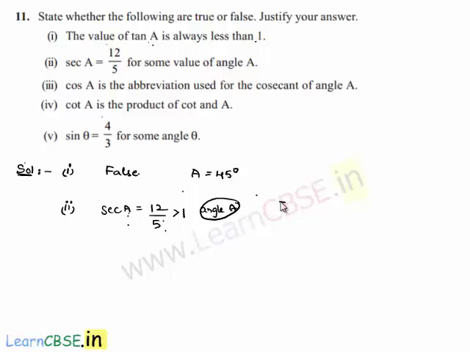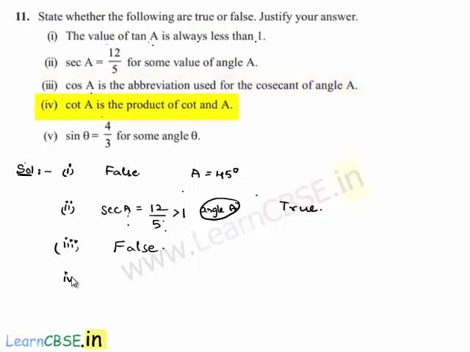So we can say that the given statement is true. Now moving on to the third bit. Cos A is an abbreviation used for cosecant of angle A. No, cos A is used for the cosine of an angle. We can write that the given statement is false, as cos A is used for the abbreviation of cosine.